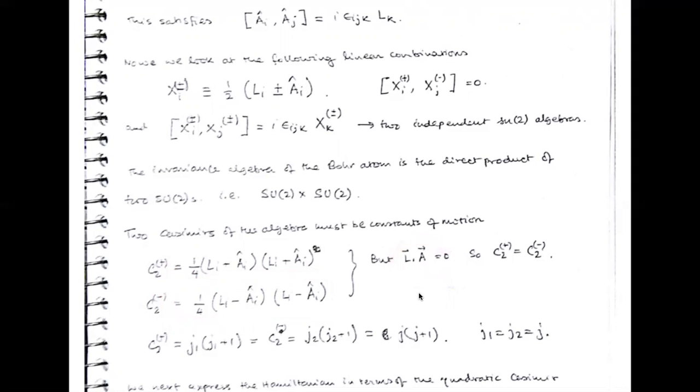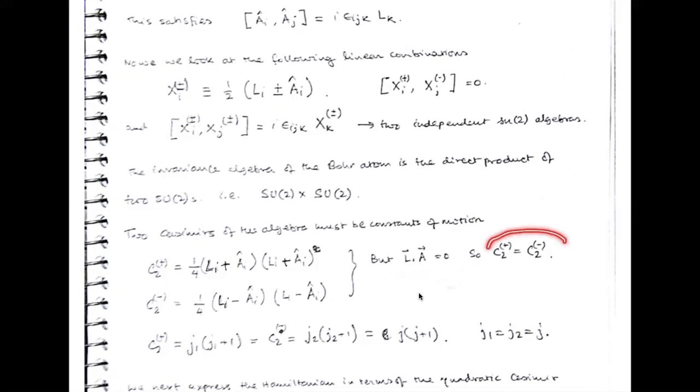So the cross terms. Let me just make sure that you understand this. Let me highlight this. So this is a plus, this is Li, and these are also Li's, but that's a minus. But remember that L dot A is equal to 0.